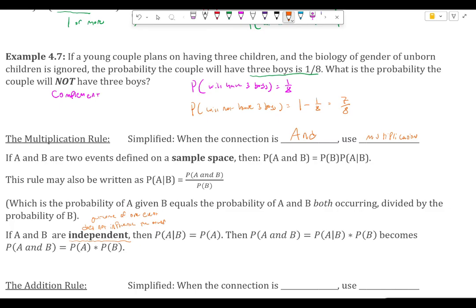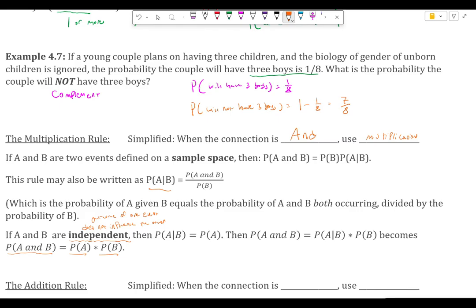Those two things would be completely independent events. The outcome of the die roll does not affect the outcome of the coin toss. So if there are 2 different events, then the probability of A and B is equal to the probability of A times the probability of B. And we can ignore some of the more complicated probability rules about the given statements and everything else.